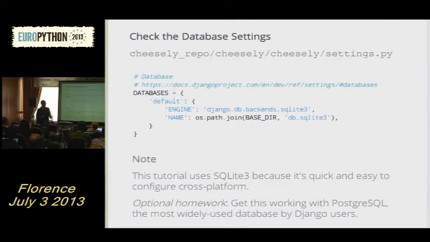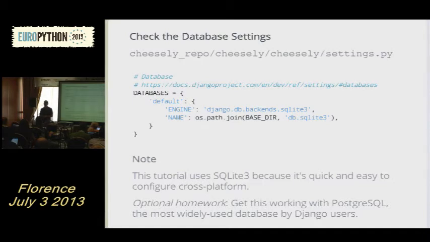Just to let you know, we're using SQLite for this tutorial. We're not doing this today, but we're big Postgres users, and Postgres is a favorite database used by Django developers. A lot of people also use MySQL, but for the tutorial we're just using SQLite because it's installed on everybody's machine already.